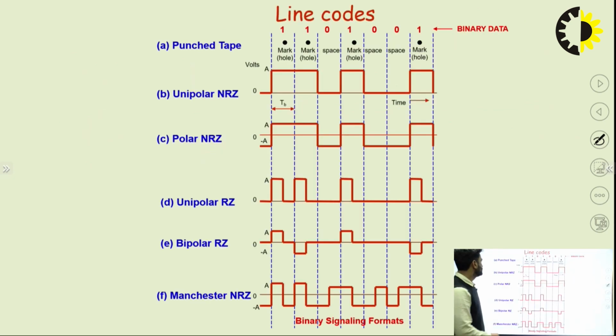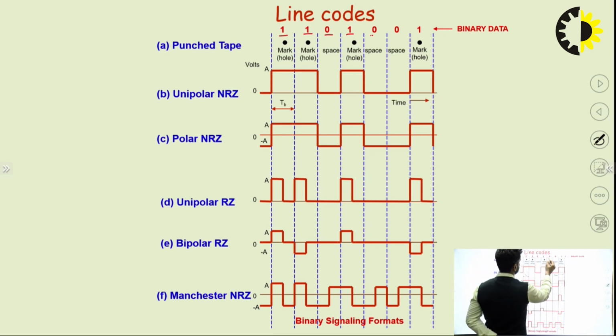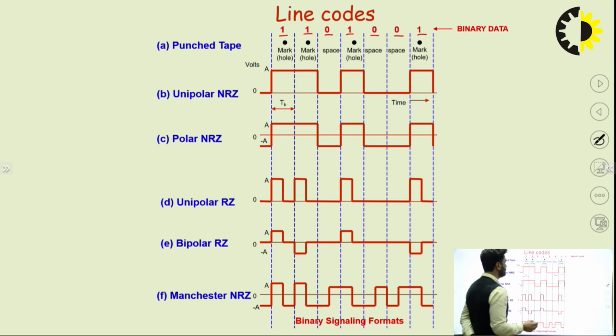Now here is the complete compilation of the line coding that we have done. This is the data we are revising: 1 1 0 1 0 0 1, the binary data. In unipolar NRZ, whenever a 1 comes, we show the plus voltage.